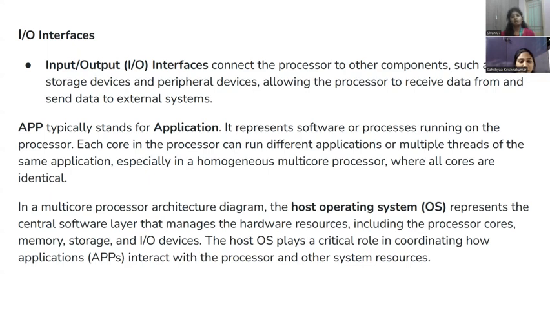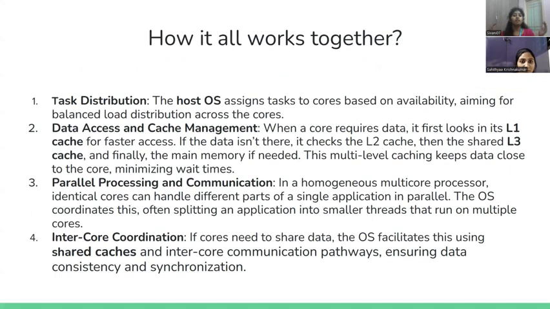Then the next part is how all this works together in a homogeneous multi-core processor. Understanding how tasks are distributed, data is accessed, and cores communicate will give a complete picture of the multi-core architecture. Task distribution: the operating system plays a central role in managing all the tasks.